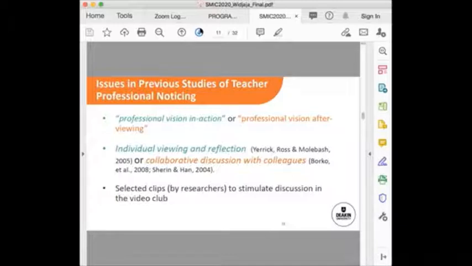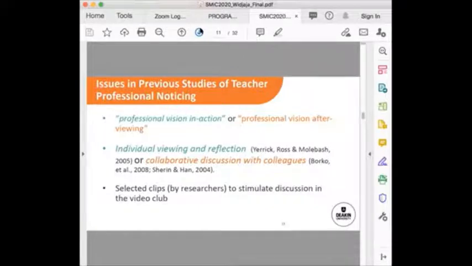There are also differences when you get teachers to reflect individually on their own lesson or their peers' lesson, and when you get them to have a collaborative discussion with their colleagues, looking at the same video together. So there are those differences as well, obviously affected by the dynamics of the conversations among the peers.